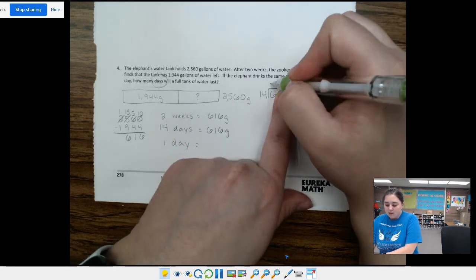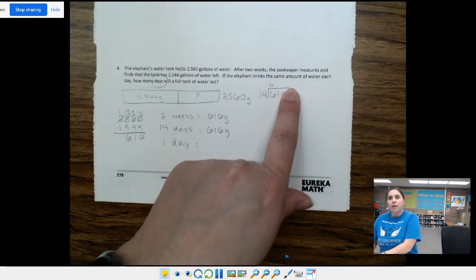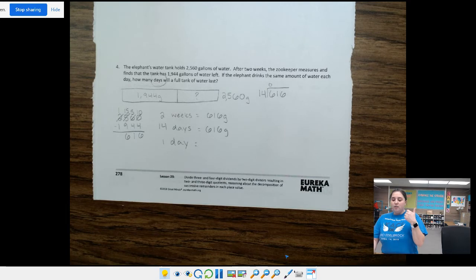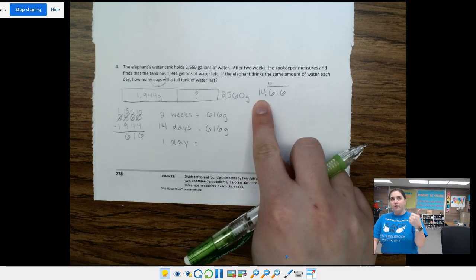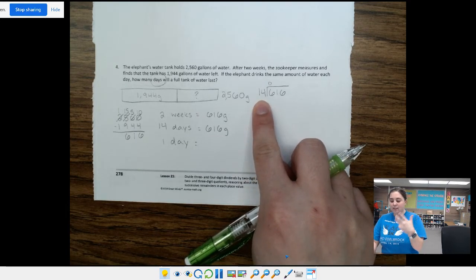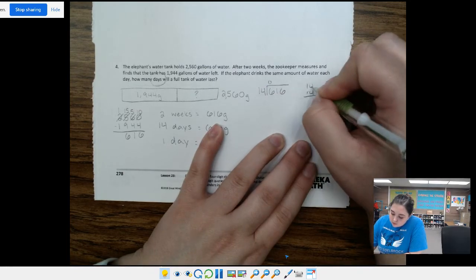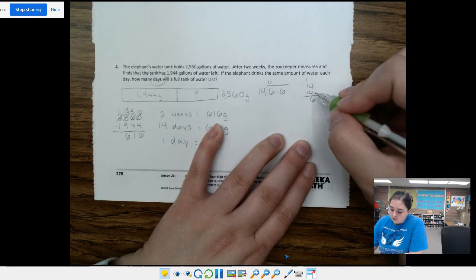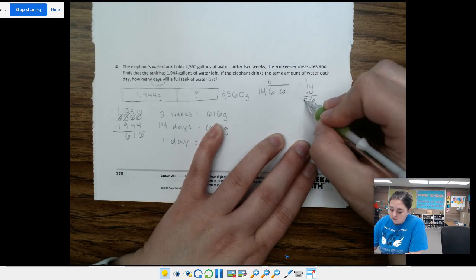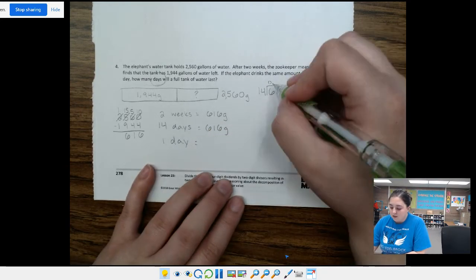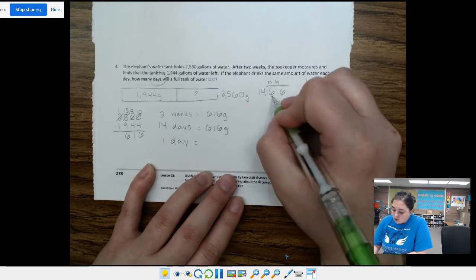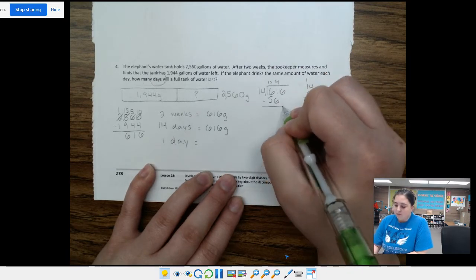So 14 can't go into 6, but it can go into 61. I'm going to say it's kind of close to 15, 30, 45, 60. I'm going to try 4 times. 4 times 4 is 16. 4 times 1 is 4, plus 1 is 5. That's pretty close. I think it goes in 4 times, which should be 56.